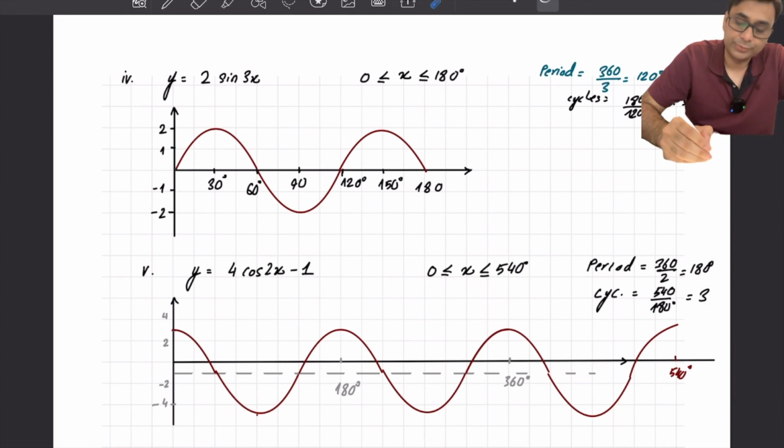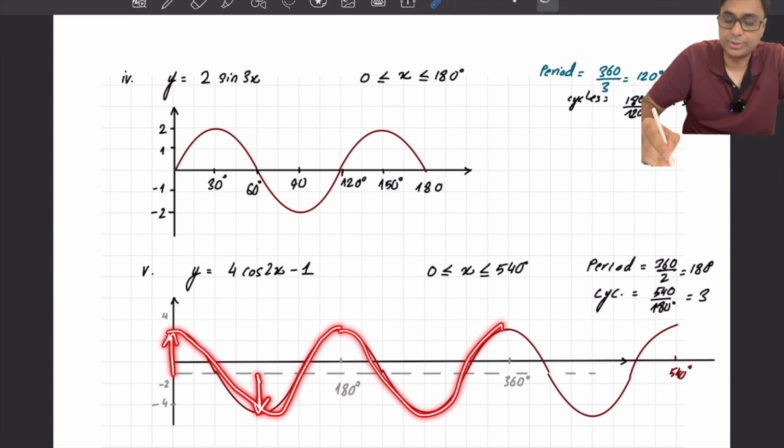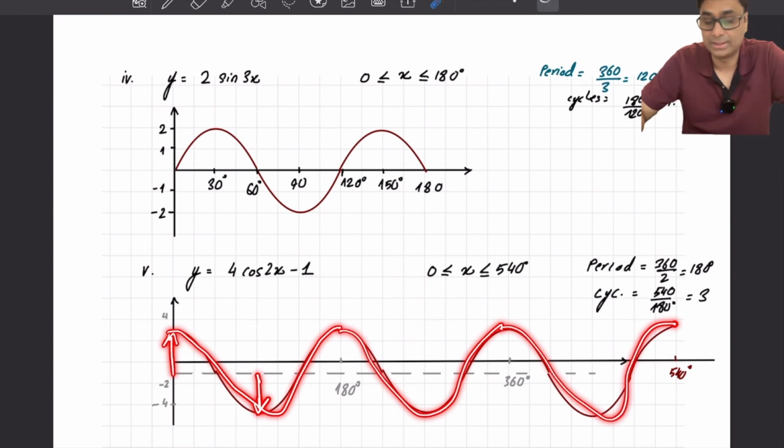So I have to sketch 3 cycles of cos about the line -1 with an amplitude of 4. So I go 4 up from the central line and 4 down from the central line. This is my 1st cycle, this is my 2nd cycle, and this is the 3rd cycle, ending at 540. So I can easily identify 540 divided by 3 would be 180, and 180 times 2 would be 360. Hence I can label more values here.